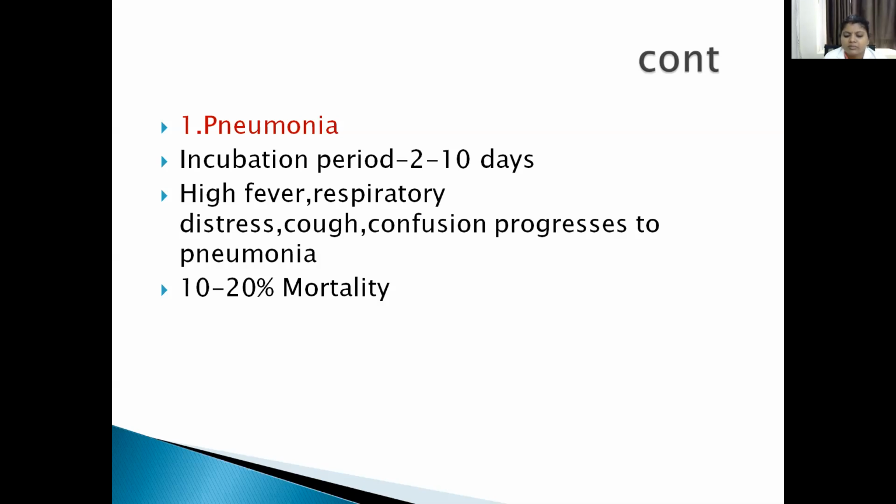Because in previous days, an outbreak occurred among the people who attended the convention in Philadelphia, the American Legion. That's why it is also called Legionnaires' disease.